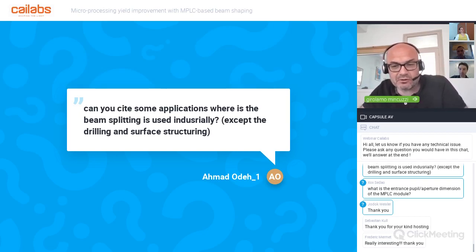I will also cite refractive index modification in glass that could be carried out with parallel processing. So for all the processes you can make in parallel, beam splitting can be useful.